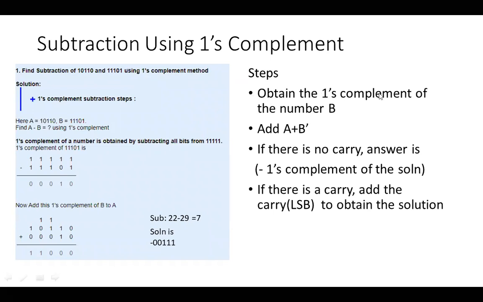We have to obtain the one's complement of the number b. Say here I have taken 10110, which is a, and the second number I have taken as b. Find subtraction of this and this, it is a minus b using one's complement.